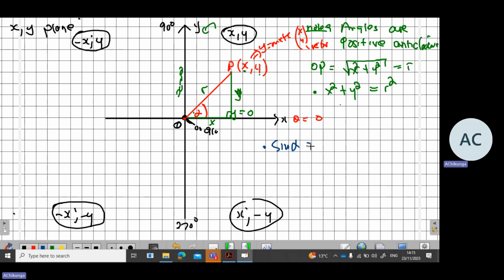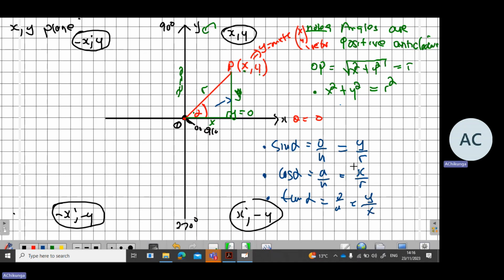Sine alpha is opposite over hypotenuse. With respect to alpha, the opposite side here is y and the hypotenuse is r. Cos alpha is adjacent over hypotenuse, which makes it x over r. And tan alpha is opposite over adjacent, which makes it y over x.